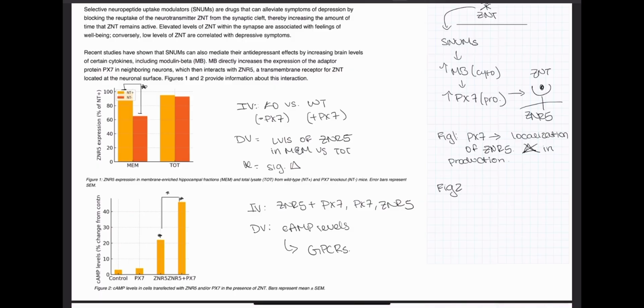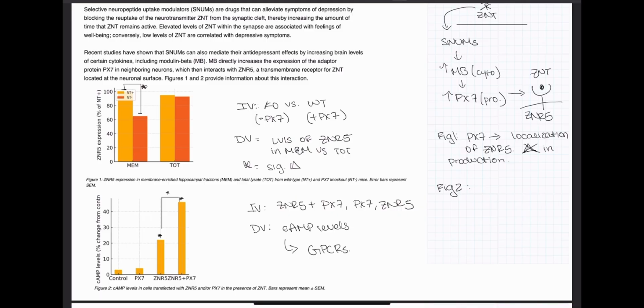Figure 1 over here. Figure 2 is showing us that there is a significant difference when ZNR5 is alone administered versus in conjugation. There is a significant increase when they're in conjugation with PX7. It's pretty close to control.